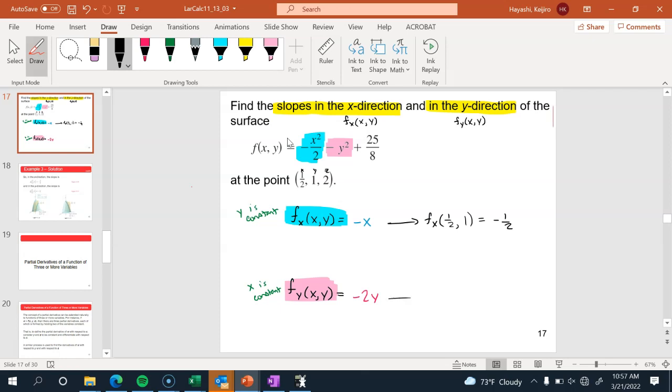Whereas with the partial derivative of f with respect to y, you plug in x and y. The x doesn't really matter, but you plug in 1 for your y, and you end up with a value of the partial derivative of -2.